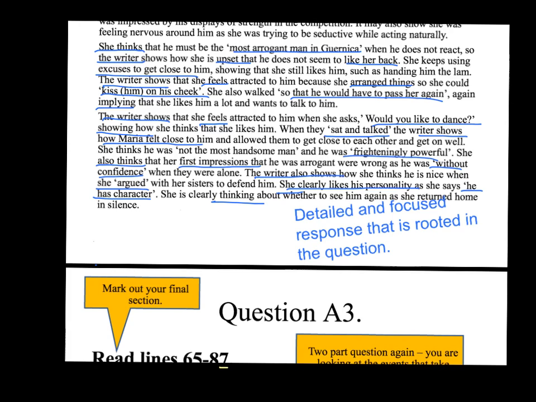We have this nice overview at the end, and quite reflective as well, as she comments, or he comments, she is clearly thinking about whether to see him again as she returned home in silence. So we've had all the reasons why this particular candidate has thought that, and then it's summarised in that very final paragraph. So it's a very good technique that's displayed in this particular answer.